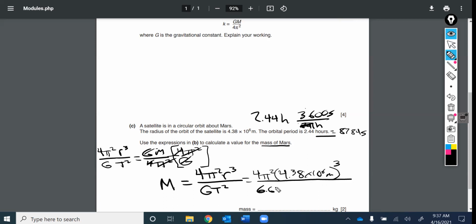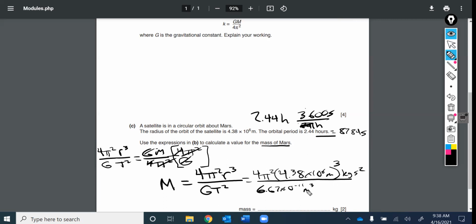G is 6.67 by 10 to the negative 11. And since I took all the time to work through the base units, let me just say that this is in meters cubed per kilogram second squared. So I'm going to put those per kilogram second squared up here. G is in the denominator, so meters cubed per kilogram second squared. Those are the base units of G. At the very bottom of the whiteboard, I said, note the units of distance is cubed here and the unit of time is squared.